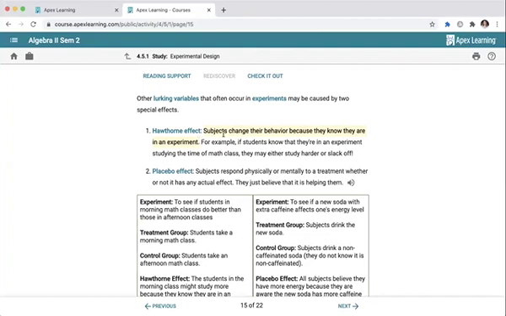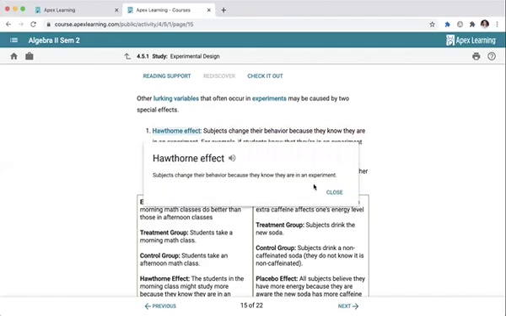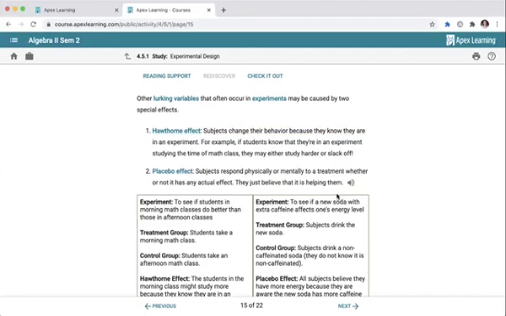For example, if students know they're in an experiment studying the time of math class, they might study harder or slack off. Or in the example of seatbelts, because they know they're being watched to see if they put their seatbelt on, people might be more inclined to wear their seatbelt. So this is called the Hawthorne effect, where again, they change because they know they're in an experiment.